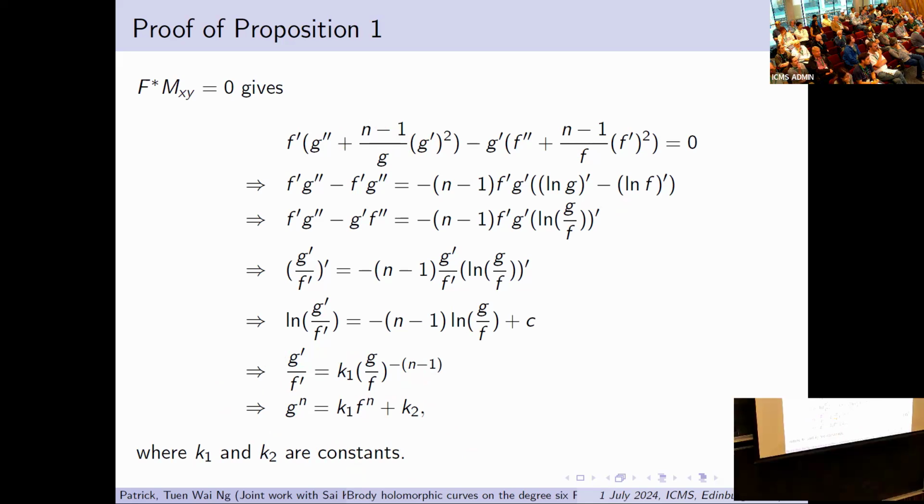And if you assume our p is equal to 0, then f and g would be related this way. So it's actually a parametrization of an algebraic curve. However, this n in our case is 6, so the algebraic curve is actually hyperbolic, and therefore you cannot have an entire map into this hyperbolic curve. So you get f, g, they are constant.